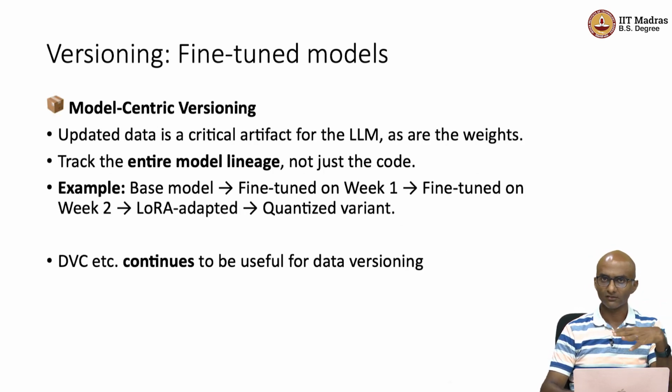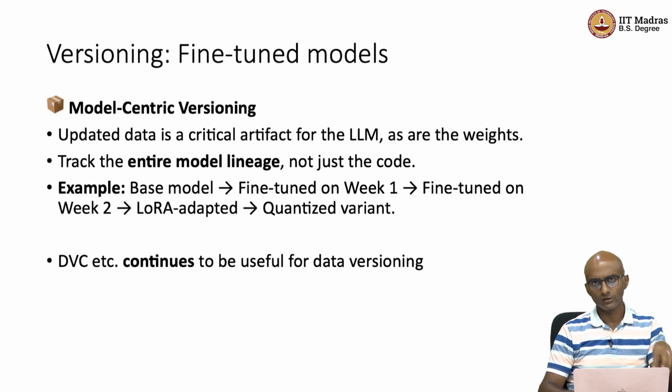Whereas with fine-tuned models, it's a completely different ballgame. Here, the fine-tuned models are model-centric, meaning that they are very specific to the types of models that you build for specific tasks. Therefore, it makes sense to version every single such model. So you can do model-centric versioning. It's kind of like how you would do with software or with classical ML.